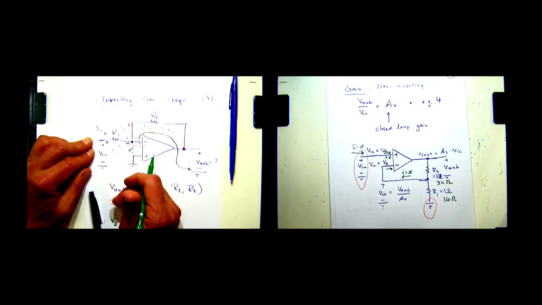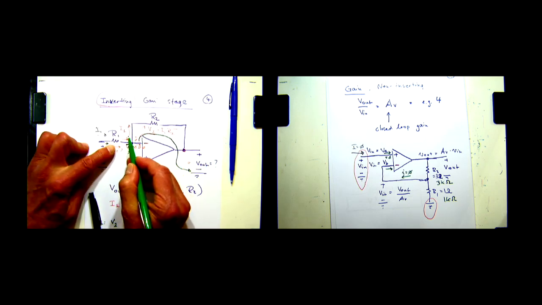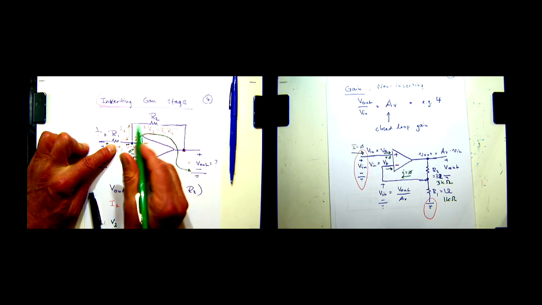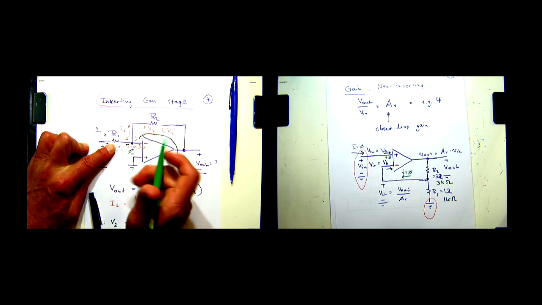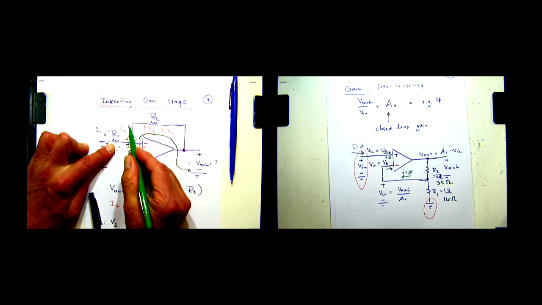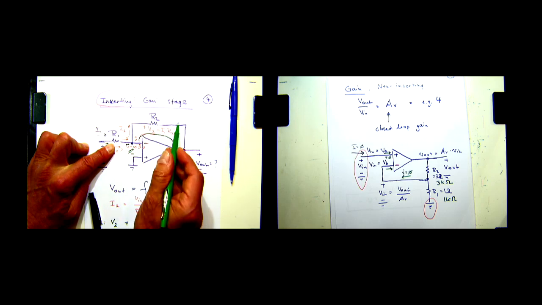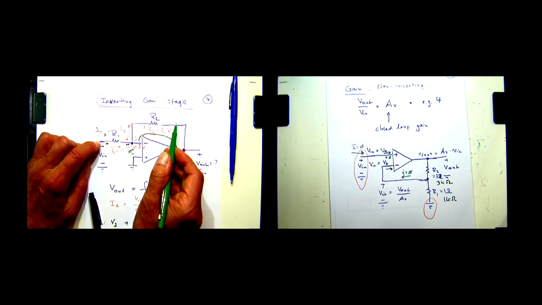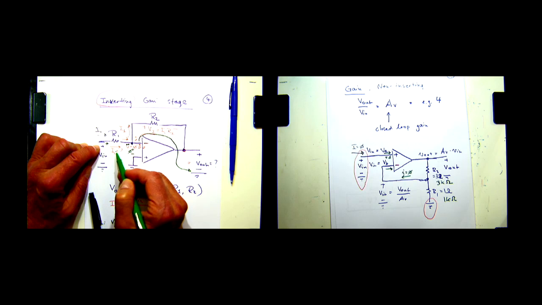Oh, there is a voltage drop across it. R2 has to be present, first of all, so that we have negative feedback. And secondly, the current I1 flows through R2, and we get a voltage drop in R2. And that voltage drop is precisely the amplified version of I1.